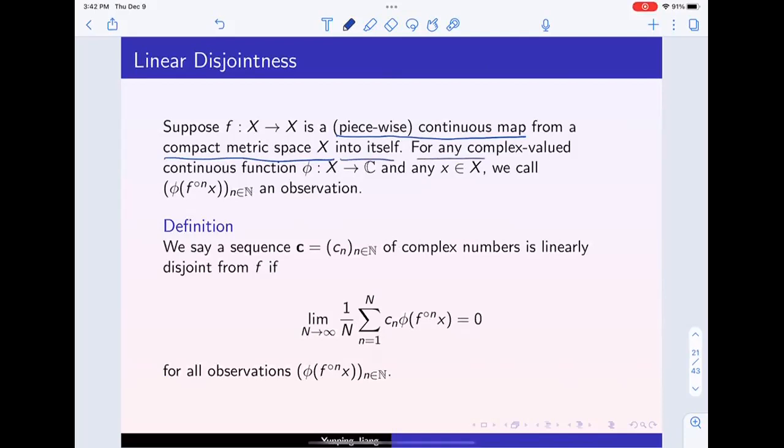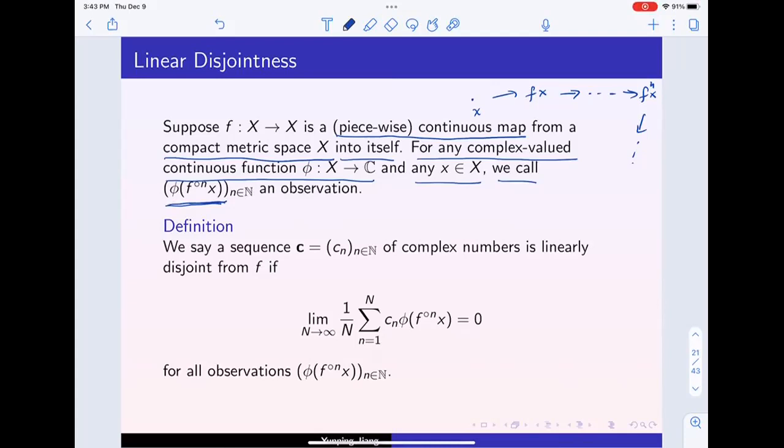Then for every complex continuous function phi and any x, we call this an observation. In a dynamical system, you look at the point x, then you go to the orbit, f^n x. The phi really means an observation, for example temperature or pressure, as we usually call it in physics.